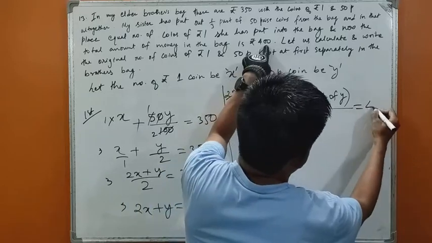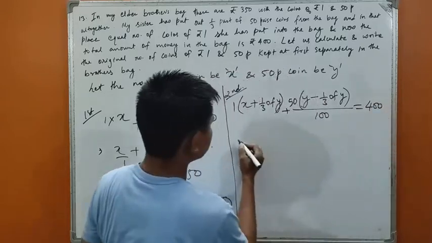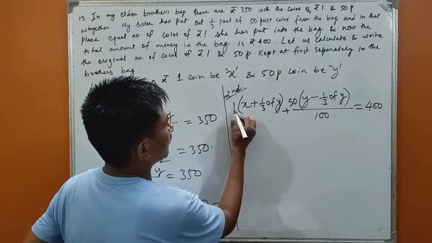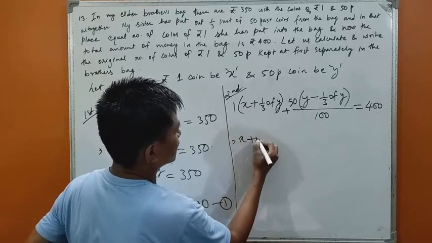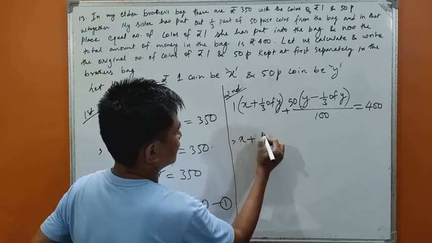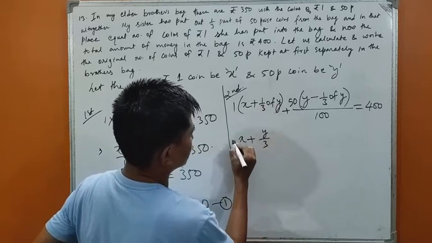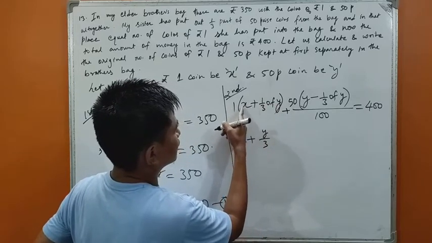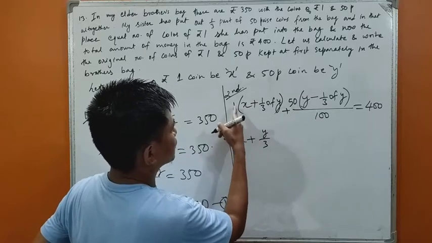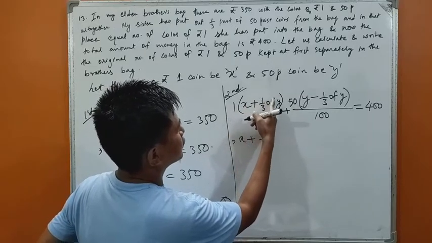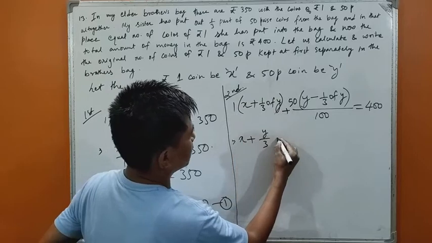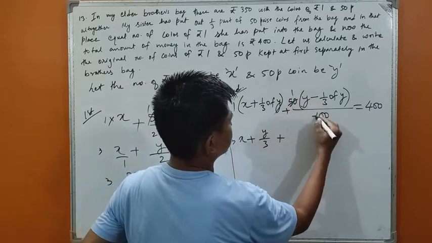400. So let us simplify this. 1 into x is x plus 1 into 1 is 1, 1 into y is y upon 3, plus 50 into 1 is 50, 50 into 2 is 100.